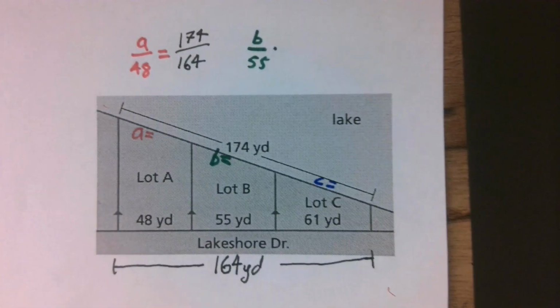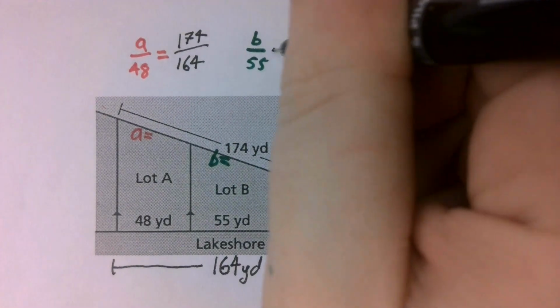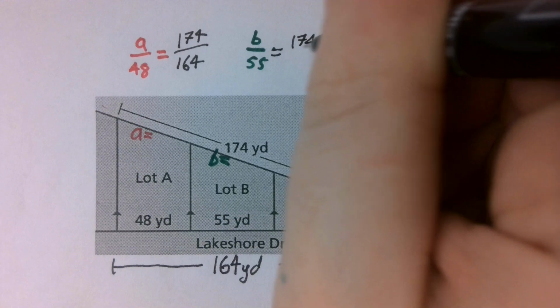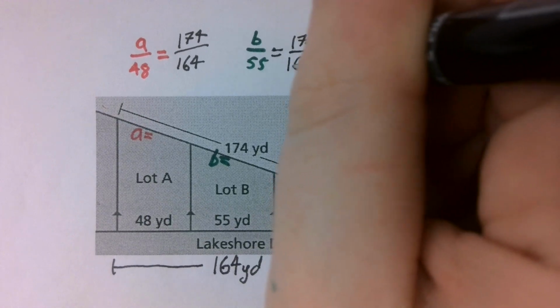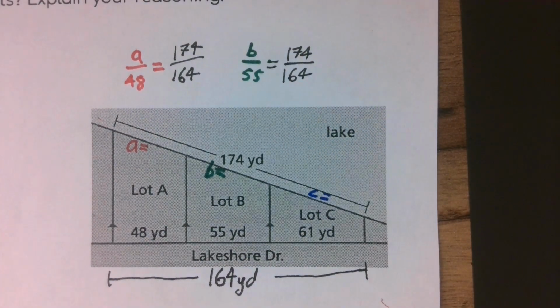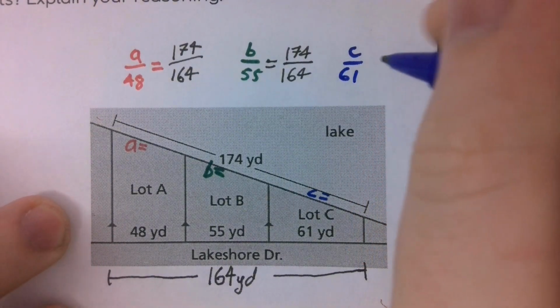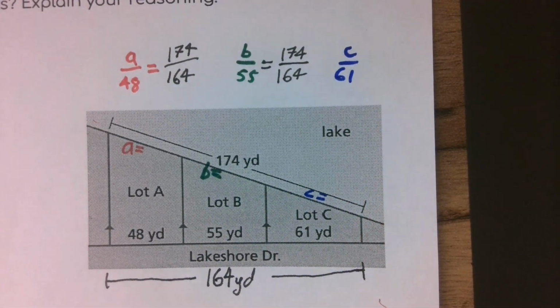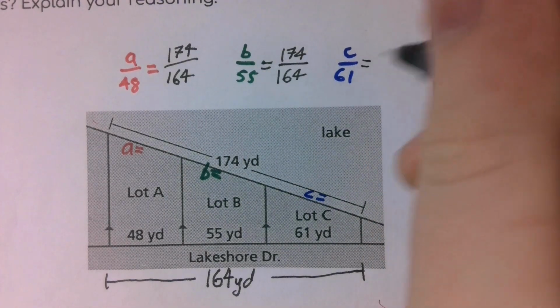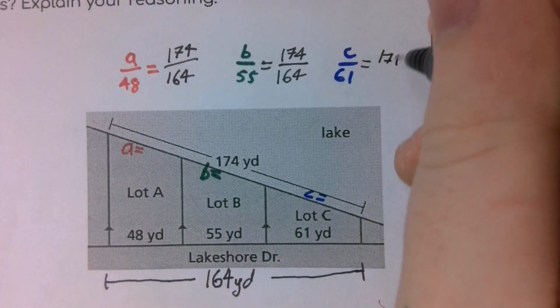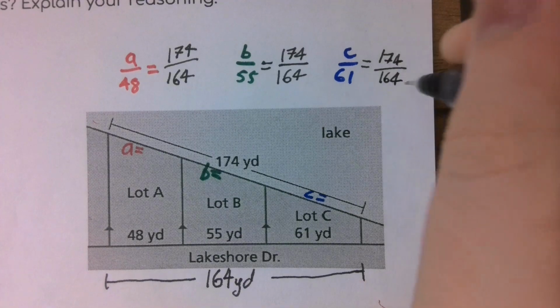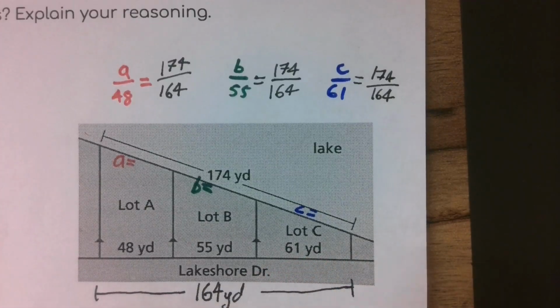B over 55 is also going to be comparable to the full lake divided by the full street. Same with C. C over 61, lake frontage over lot frontage, equals 174 divided by 164. Very nice.